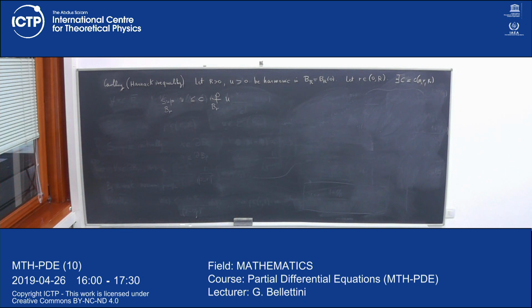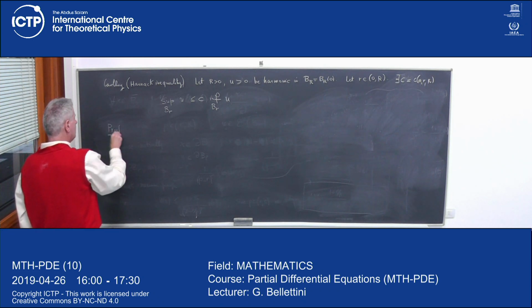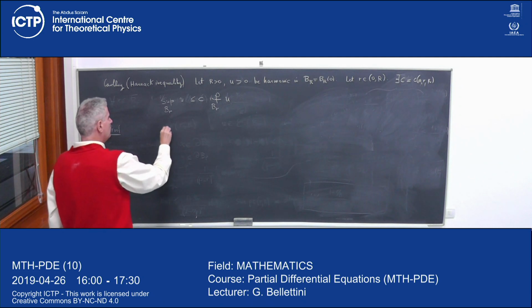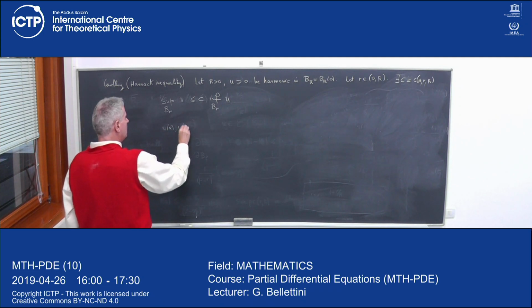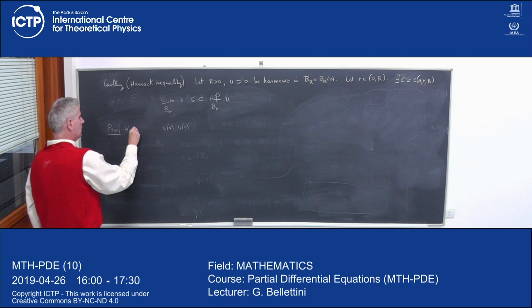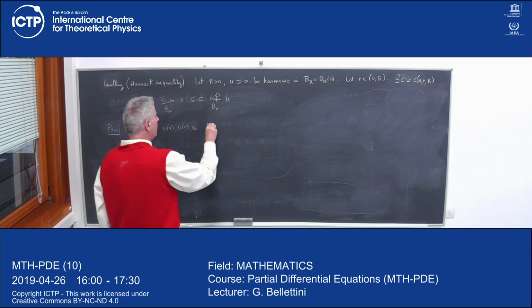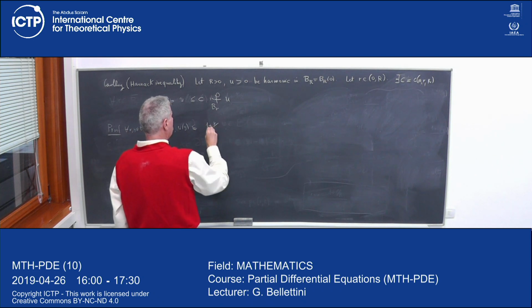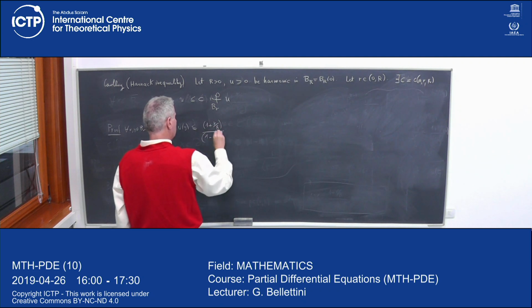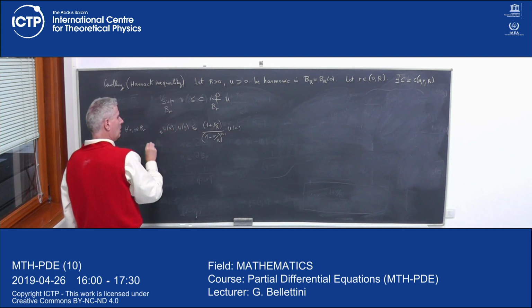Okay, let me redo the proof. I think we saw it yesterday. Let me just repeat very quickly. We have that u of x and u of y, for any x and y in the ball, are bounded above and below by (1 plus r) divided by (1 minus r) times u of 0, and larger or equal than (1 minus r).